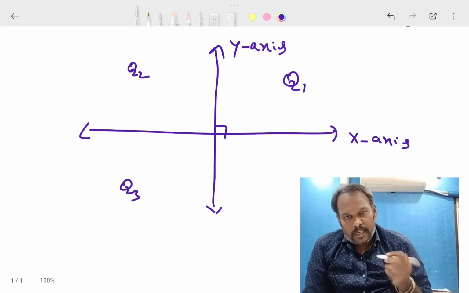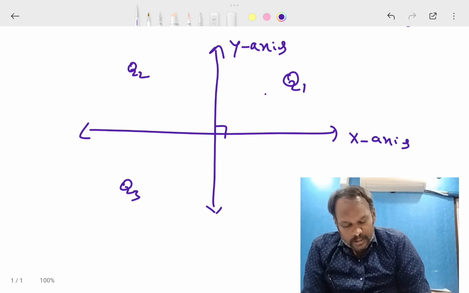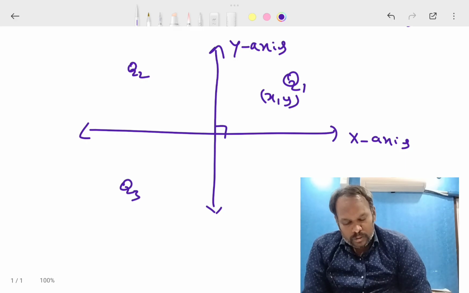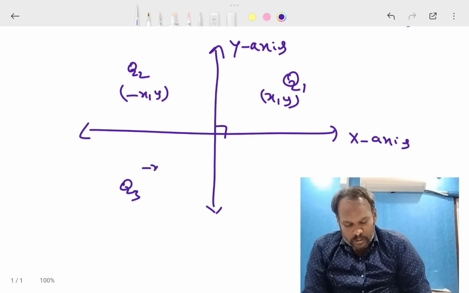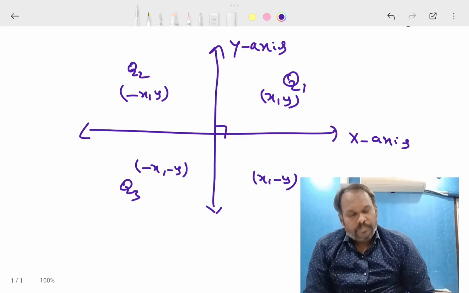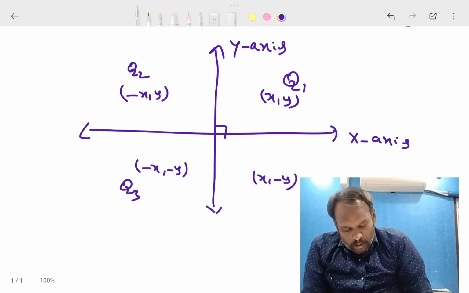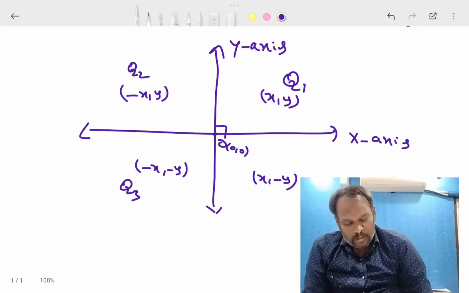In the first quadrant, the points should be like this: (x, y), both are positive. In the second quadrant, (minus x, y). In the third quadrant, both negative, (minus x, minus y). In the fourth quadrant, (x, minus y). So this is the origin. Origin point coordinates are (0, 0).